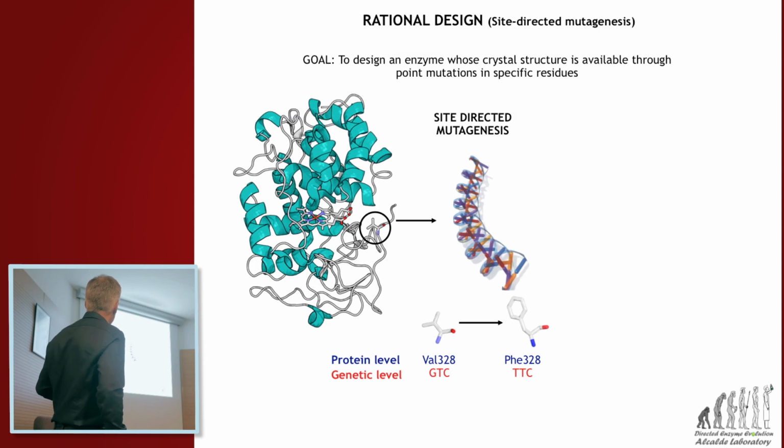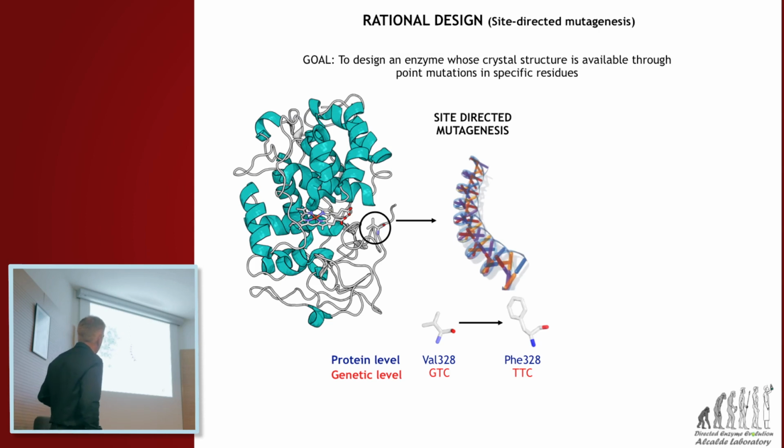Besides, once we speculate about which changes we could make here, we can go to a genetic level, to the gene which is going to codify for this protein, and make, by manipulating the PCR reaction, a change, which basically means a mutation at genetic level, at the codon, giving rise to a new amino acid at a given position.